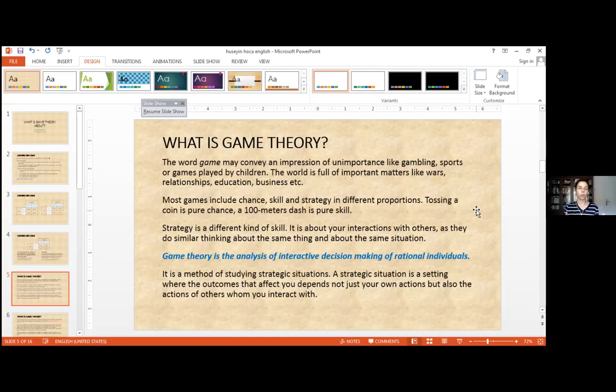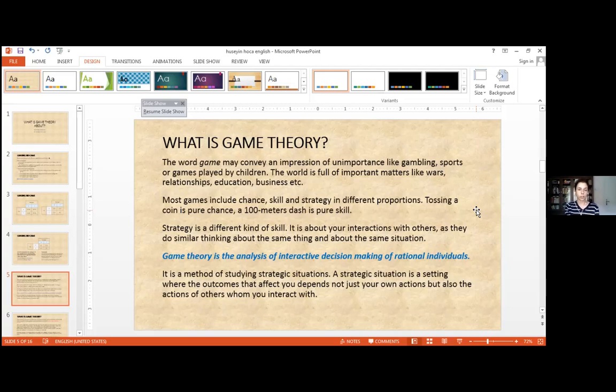For example, tossing a coin is pure chance, and a 100 meters dash is pure skill, except for external effects obviously. However, strategy is a different kind of skill. It's about interactions with others, just as in the game that we just played, and they do similar thinking about the same situation. So it's actually the analysis of interactive decisions of rational individuals.